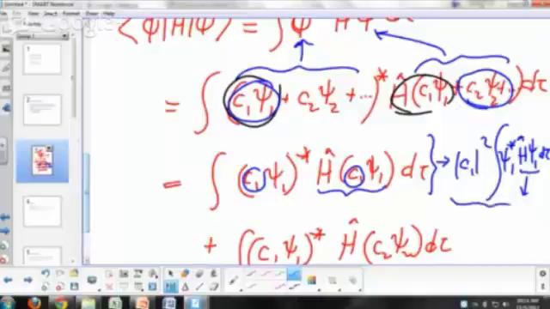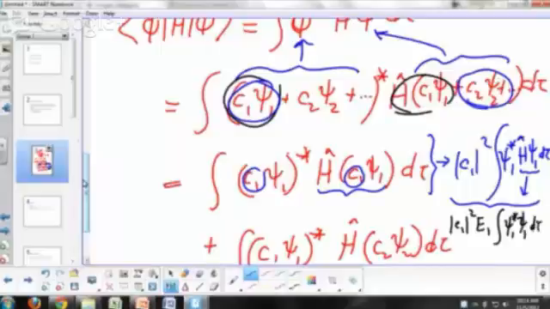I can rewrite this as C1 squared times E1 integral of psi 1 star psi 1 d tau. And what's the integral of psi 1 star psi 1 d tau? 1. It's normalized. So this term just becomes C1 squared E1, right?